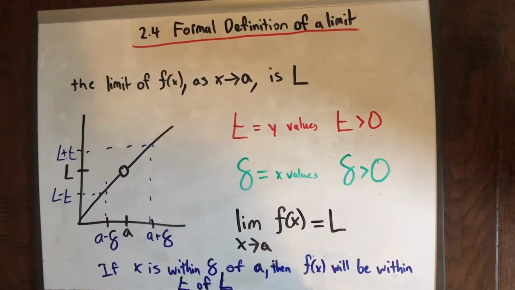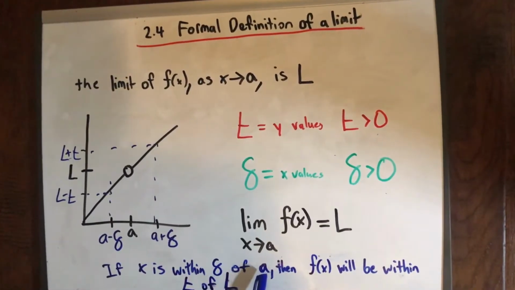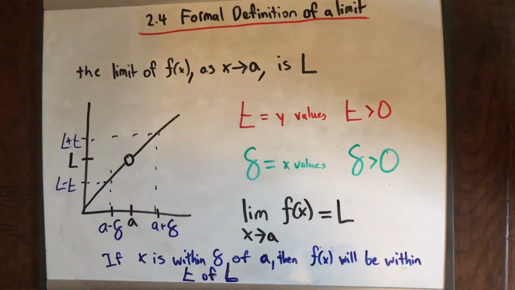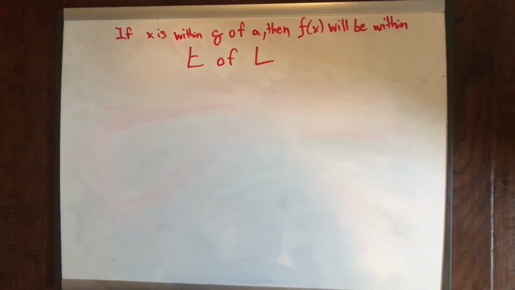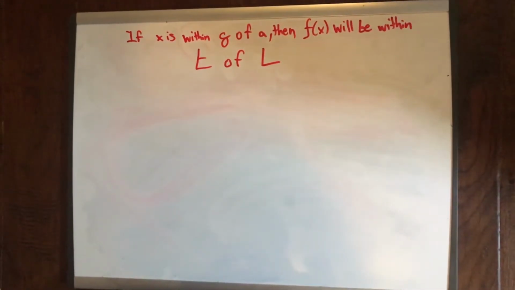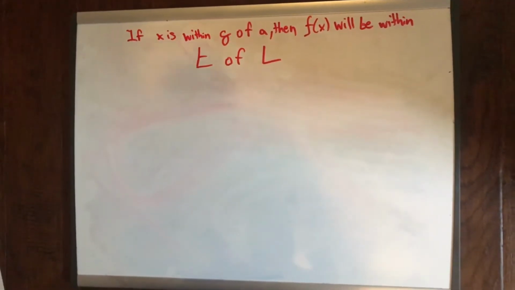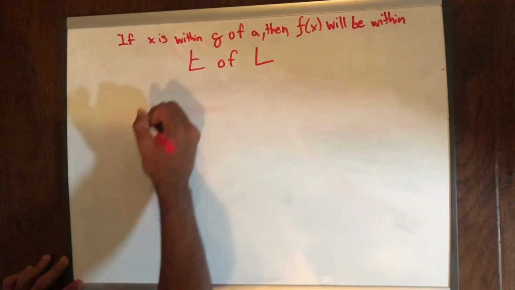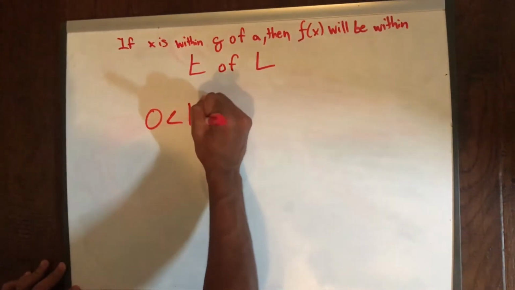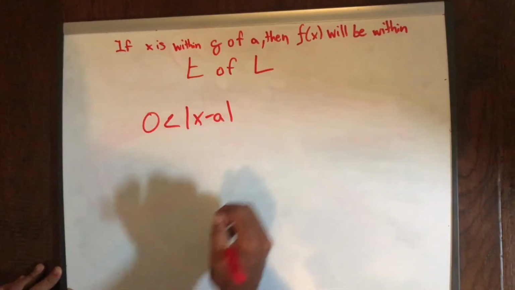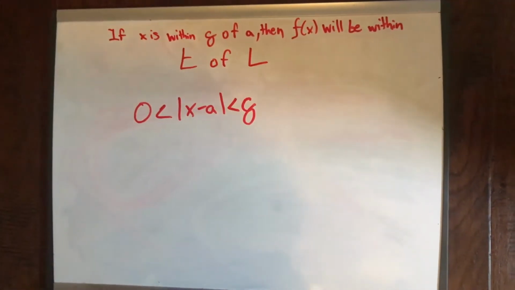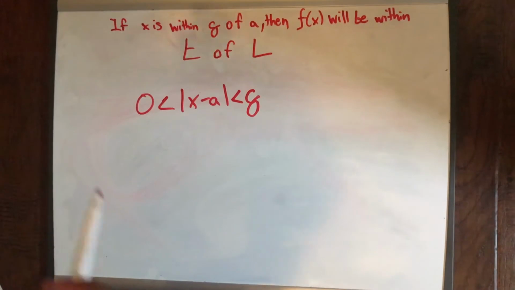Because of that, we can say that if x is within delta of a, then f of x will be within epsilon of L. So given the statement, if x is within 1 delta of a, then f of x will be within 1 epsilon of L, we can write this algebraically. We know that 0 is less than the absolute value of x minus a, which is less than delta. This is because we know it's going to be within delta.